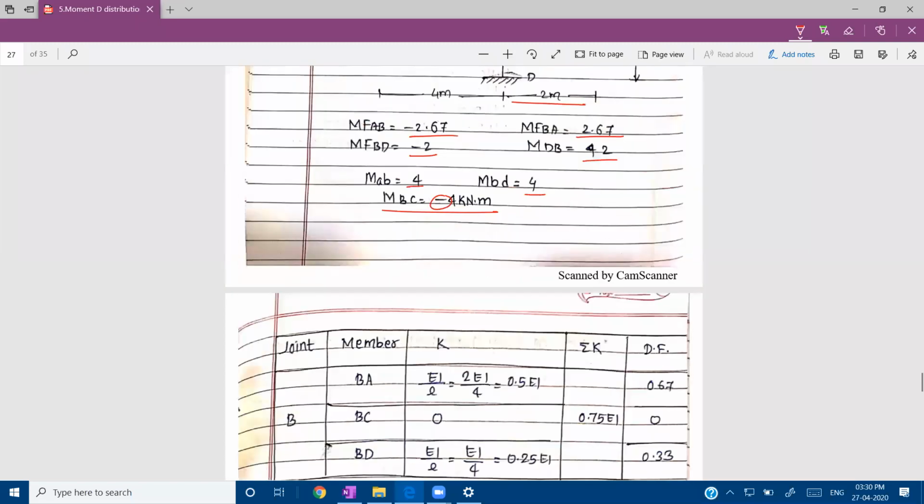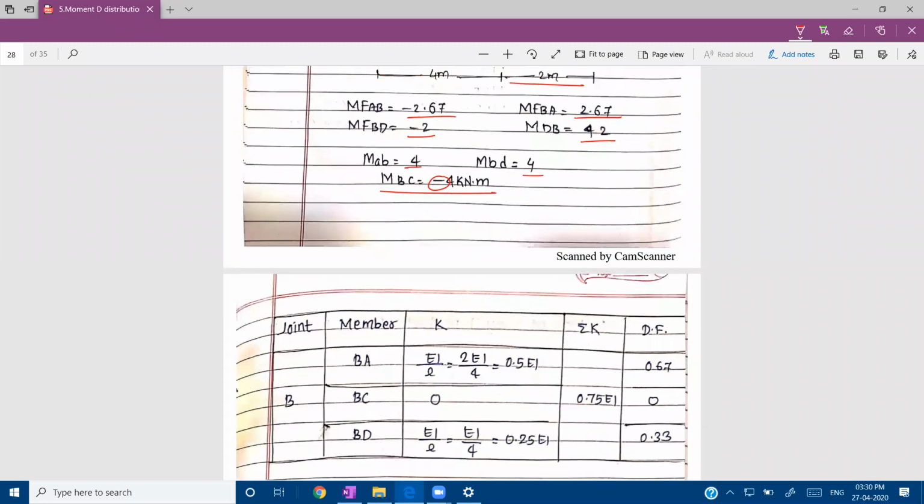Now next is calculation of distribution factor. At joint B, there are three members meeting: BA, BC and BD. Though BC is an overhang, we will directly take K equal to 0. In case of overhang, remember K is always 0.